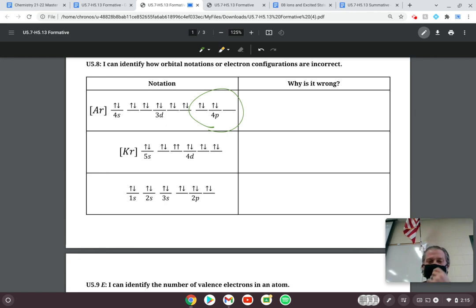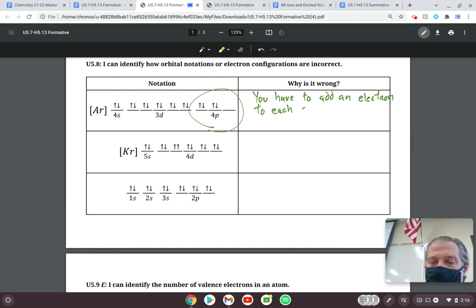And so what I'm looking for you to say is something to the effect of you have to add an electron to each orientation before you can double them up.